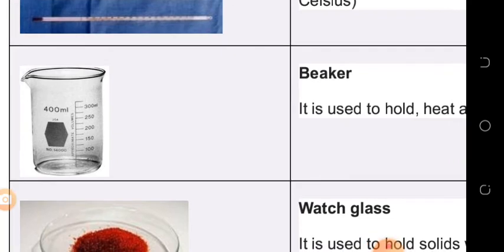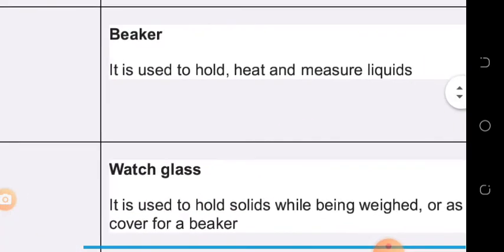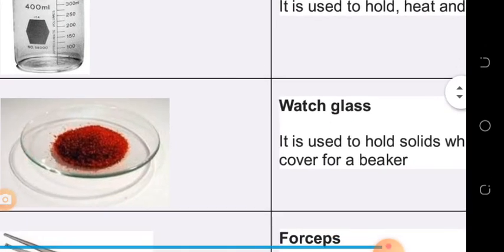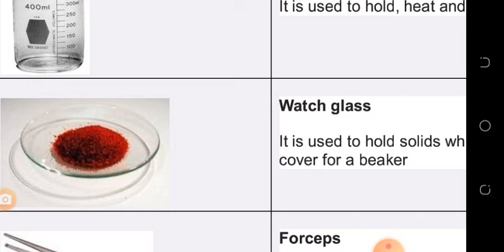Beaker used to hold, heat and measure volume of liquid, and it is very important in chemistry during preparation of solutions and dissolving some solutes in the solvent.